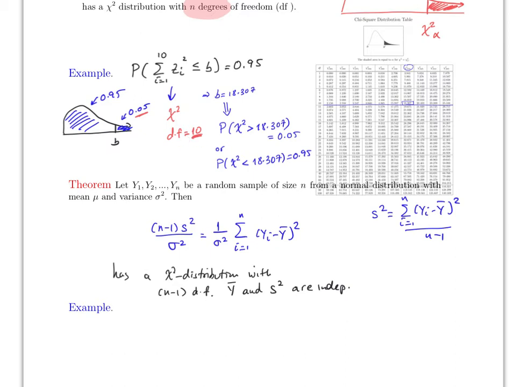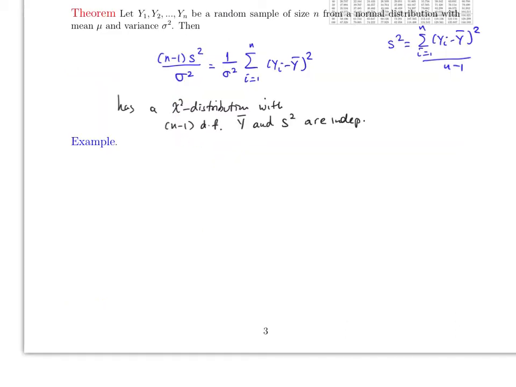Right, so let's do the following example. Let's say you want to find the value for b such that this probability is 0.975. Let's say here the value for n is 20 and the value for the variance is 1.4.